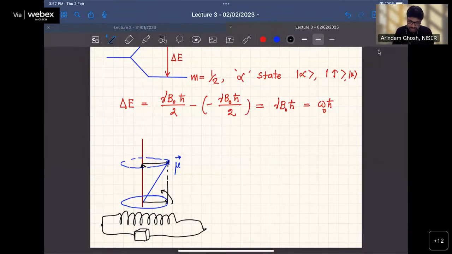So how will it happen? Suppose I start from here, at the maximum. Then when this point has gone up to, say, the 90-degree position, the signal will go down, because this orientation is different now with respect to this coil.